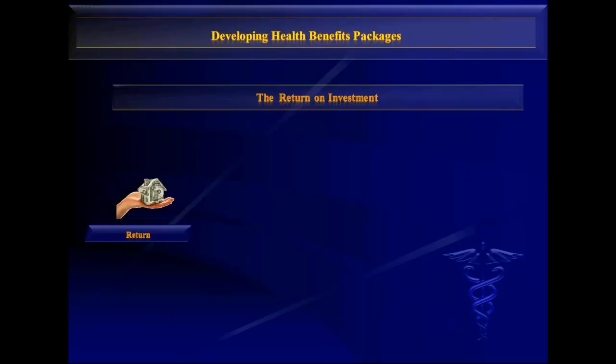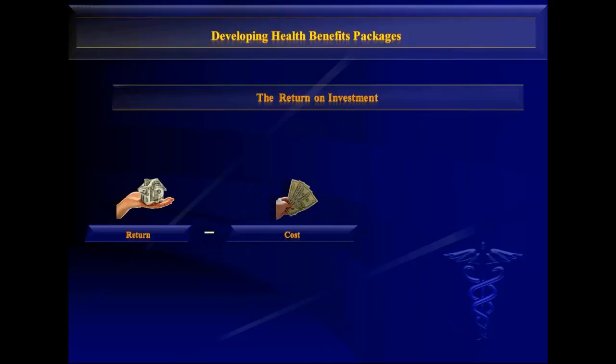Okay, before we go into the return on investment of employees, let's take a quick look at the return on investment equation. Let's say that the business gets in return for their investment a piece of property. What did that piece of property cost them?